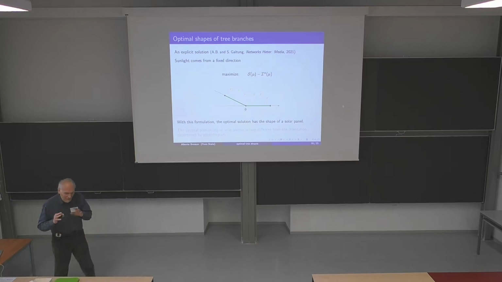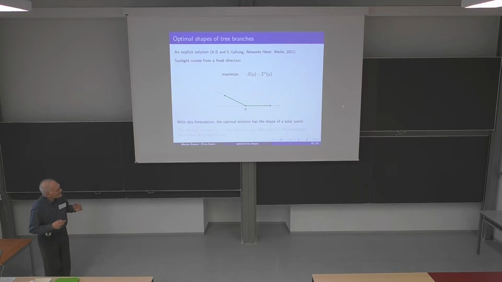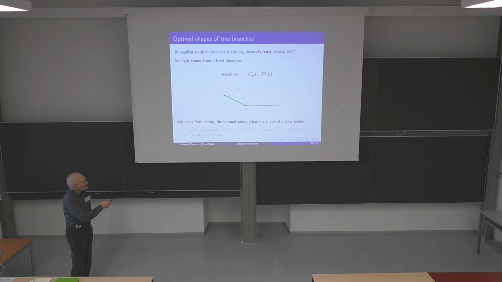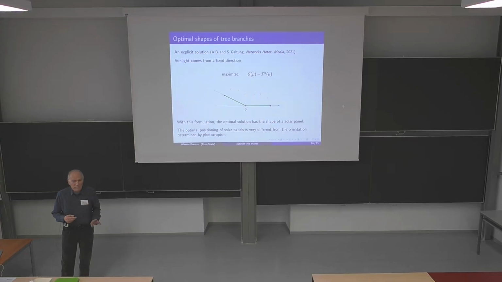For the roots, it's pretty much what we want, but for trees, clearly some factor is missing from the model, because if the rays come at this angle here, for example, the optimal shape is something that is constant here and another segment here. So the optimal positioning of a solar panel is very different, for example, from the orientation determined by phototropism.